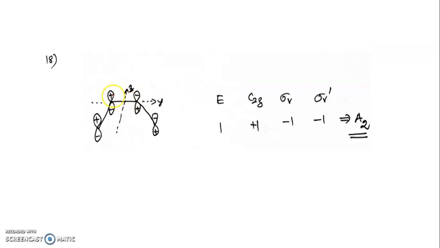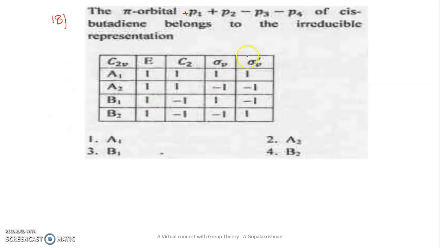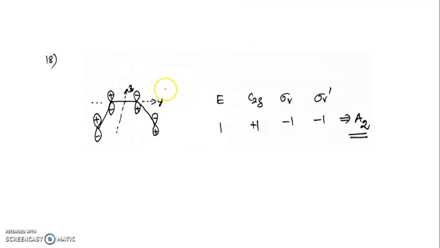Since there is a node, the sign of the lobe should change, so the upper lobe is plus here, and here the upper lobe should be minus. Then between P3 and P4 the signs are same, minus, minus, so there is no change of sign, therefore upper lobe minus, here also upper lobe minus. So this is the structure of the orbital.